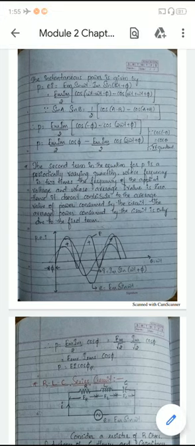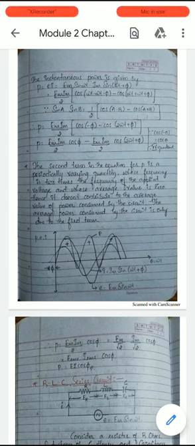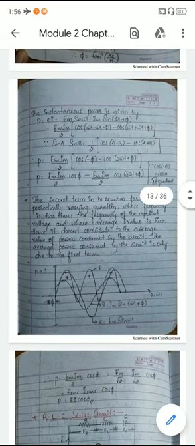Similarly in the third part, both current and voltage are negative, minus into minus is plus, hence we get positive power. Again in the last part, the current is positive but the voltage is negative, hence we get negative power. If this question is asked in an examination, till this point you need to explain.